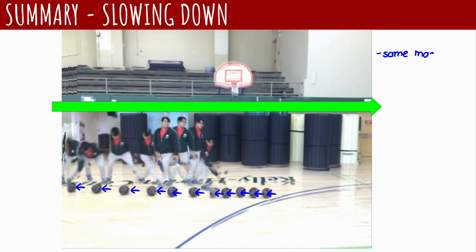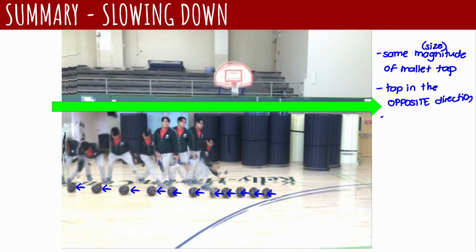That means we hit this bowling ball with the same amount of power or force, as you guys were saying in class. So if you tap in the opposite direction that the bowling ball is traveling in, then it's going to have a decrease in velocity. The object's velocity will decrease when it is hit from the opposite direction.